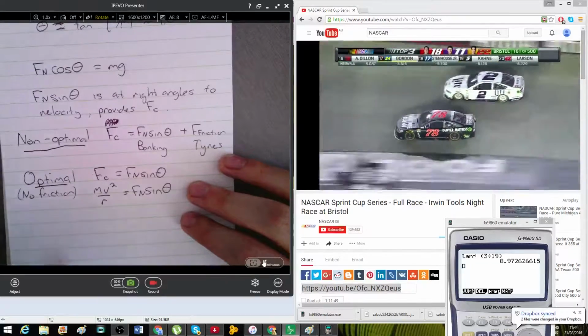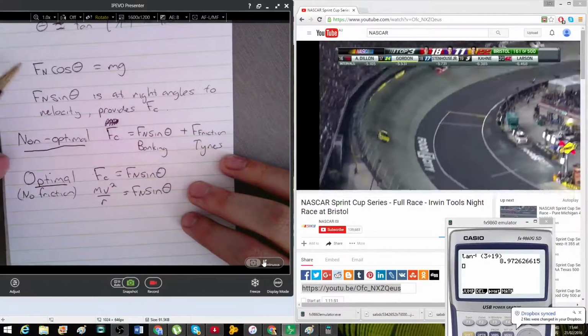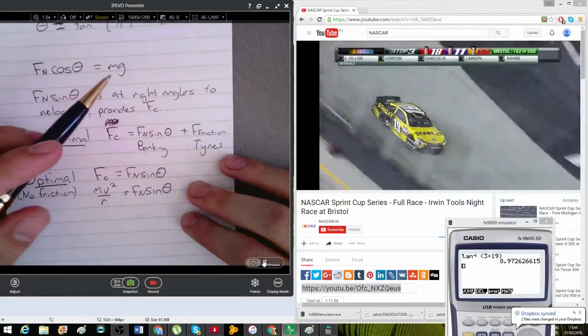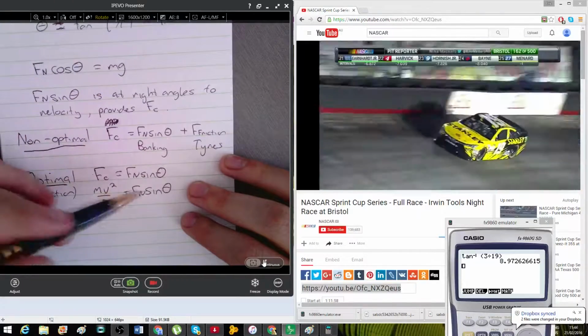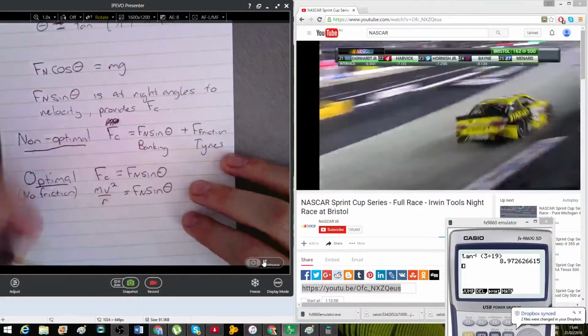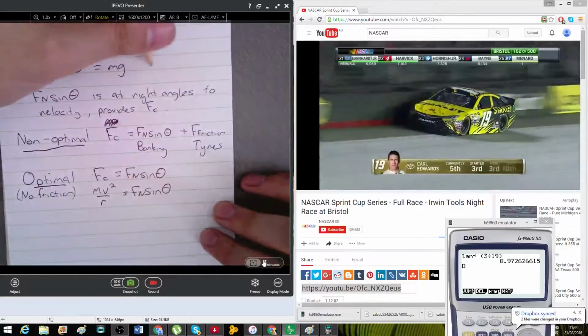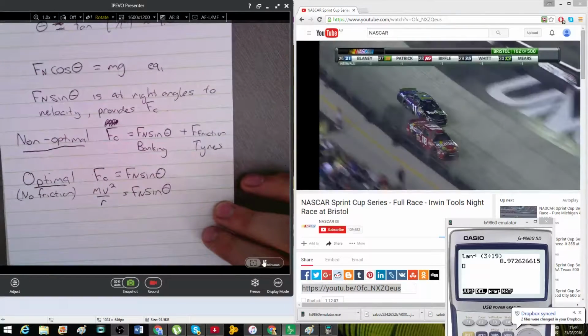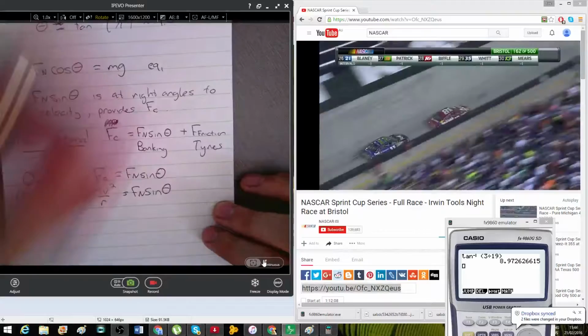Now we also know from up here Fn cosine theta equals mg. We're going to use that to simplify this statement, and we can cancel out a few things. I'm going to call that equation 1. That's the first equation you need for the derivation of the optimal formula, and that's equation 2.